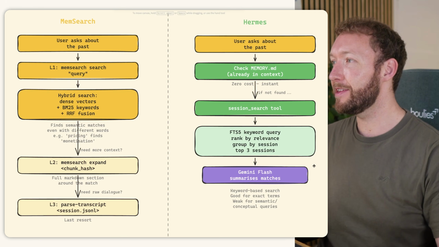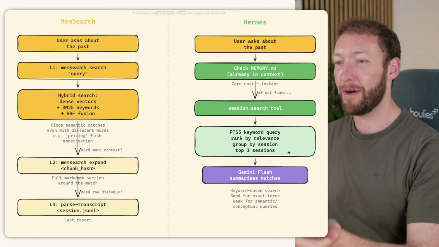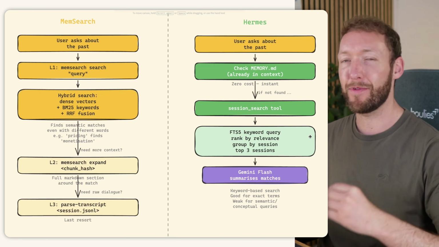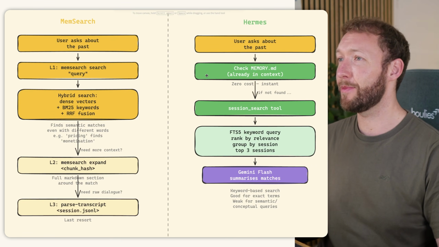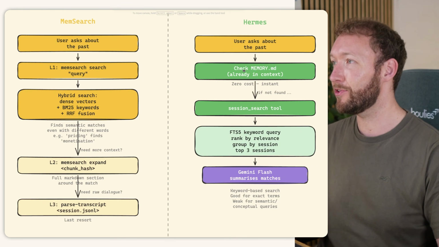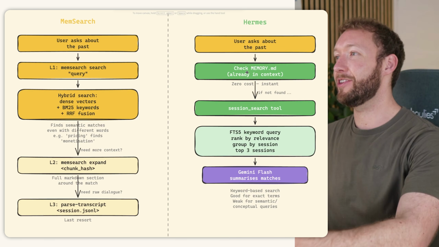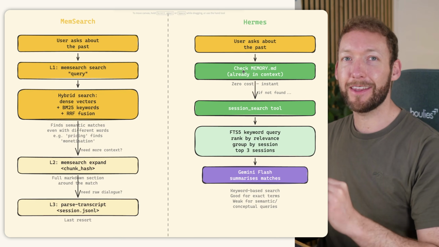So Hermes is really good at exact keyword matching. If we were to ask it about pricing, it could find things about pricing, but it might not necessarily find things about revenue, because that's by meaning and not keywords. However, they do one really smart thing, which we're going to adapt and use, which is inject this memory.md into the conversation history, and then also by default, as a level 0, check that memory.md.